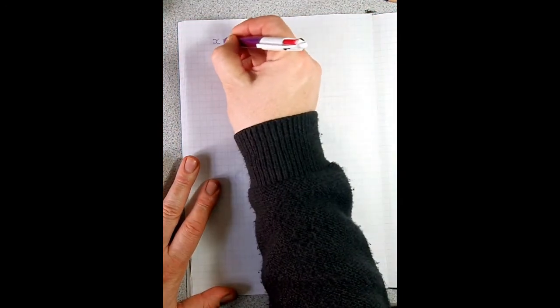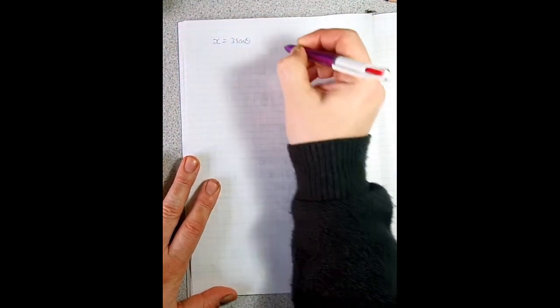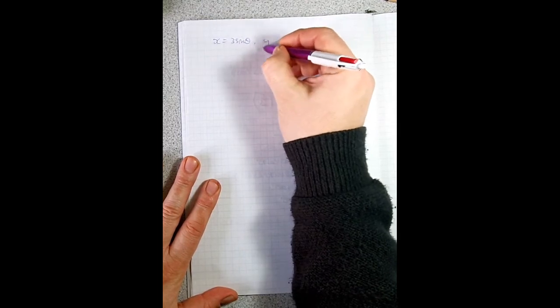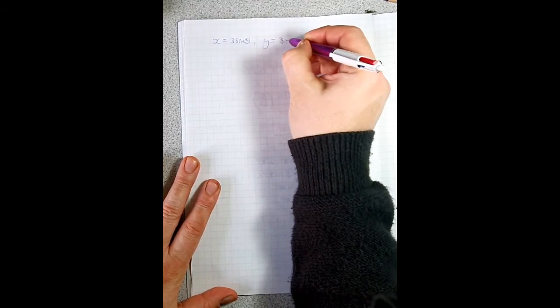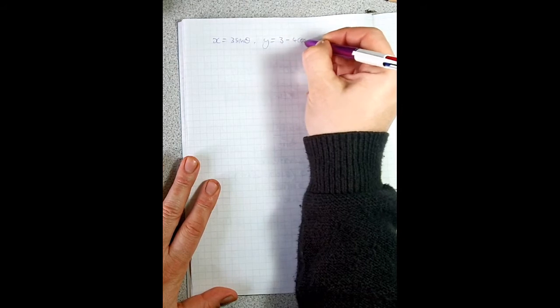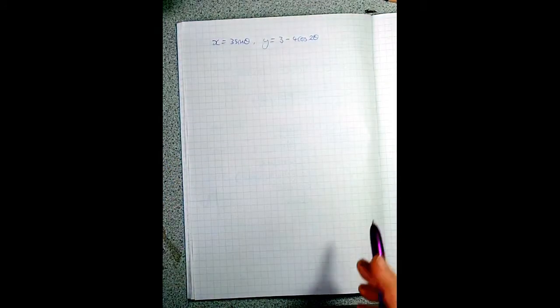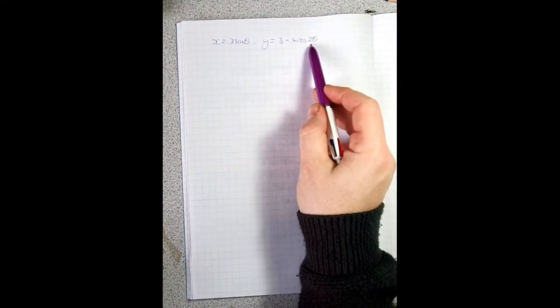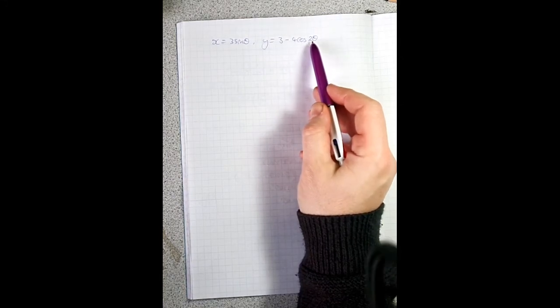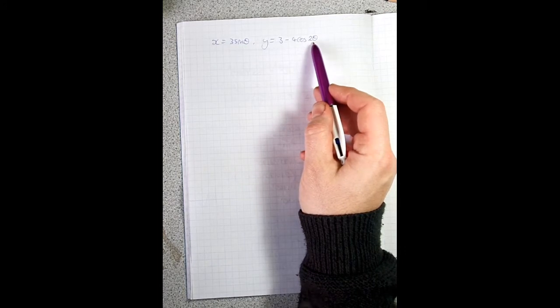Okay, example 8, parametric equations. X equals 3 sine theta, y equals 3 minus 4 cos 2 theta. Annoying because I've got theta and 2 theta. So what I'm going to do is write cos 2 theta in terms of theta.